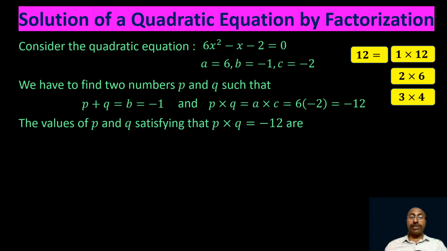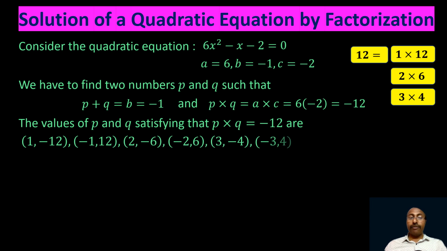So the values of p and q satisfying p × q = -12 are 1 and -12, -1 and 12, 2 and -6, -2 and 6, 3 and -4, -3 and 4. All these pairs satisfy p × q = -12, but only one pair satisfies p + q = -1, and that pair is 3 and -4.